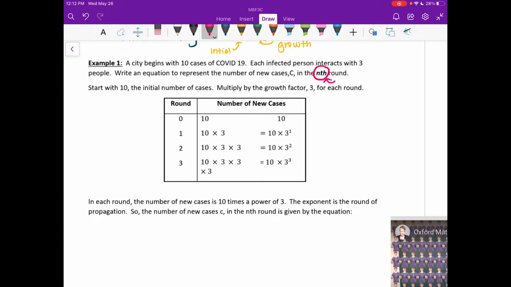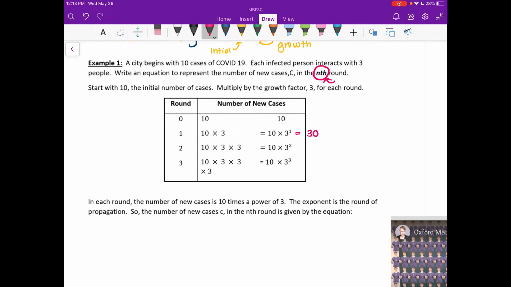After the first round, so plus 5 days, right? You have 10 times 3, because those 10 people have gone and talked to 3 people each. So we have 10 times 3 to the power of 1, and that's going to give us 30.